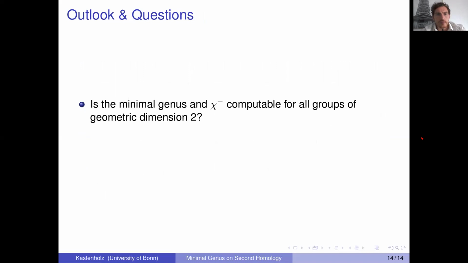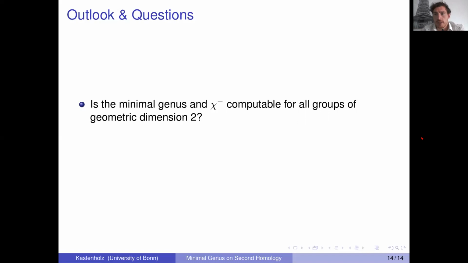So the best thing one might hope with our approach is to actually solve the minimal genus and chi-minus problem for groups of geometric dimension 2. And this is due to the fact that, as I said before, having pi 2 on my 2-complex produces a lot of issues. So one might ask, best case scenario, we can solve it if there's no pi 2.